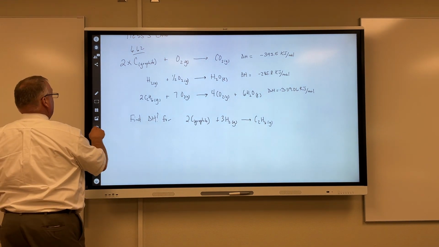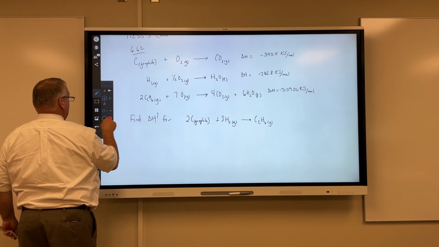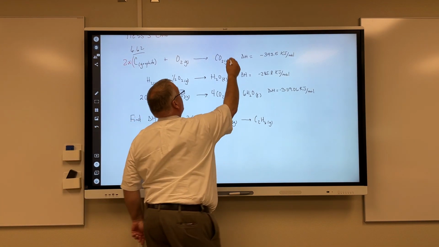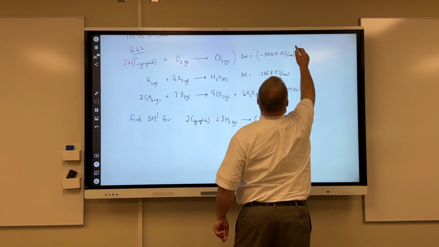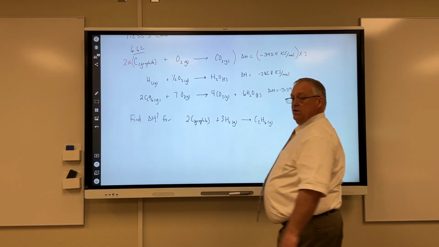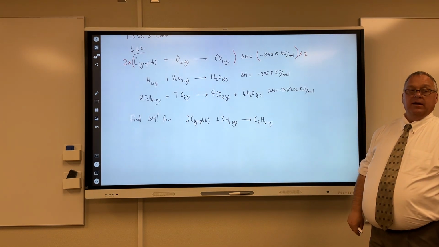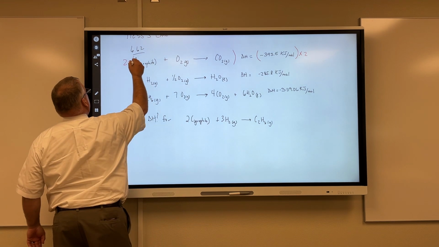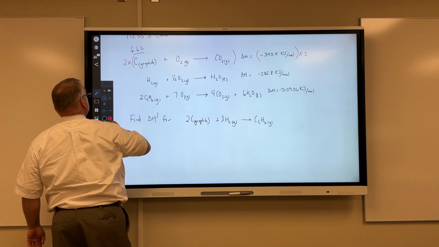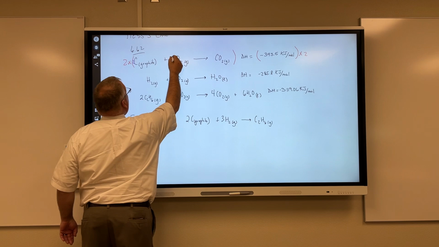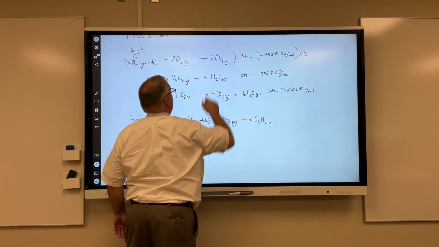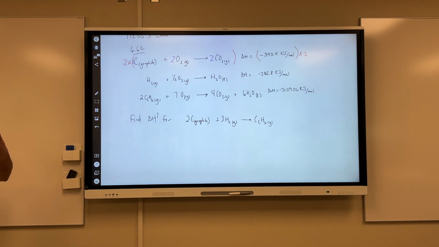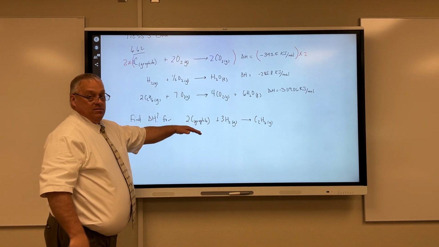I multiplied everything in this reaction by 2. Does that work? A little bit easier to see? So we would have a 2 here, a 2 here, and a 2 there. So that's our first step, and that gives us our 2 graphite, right?